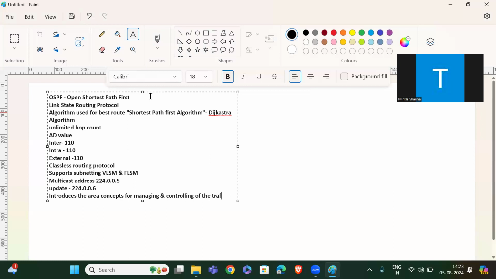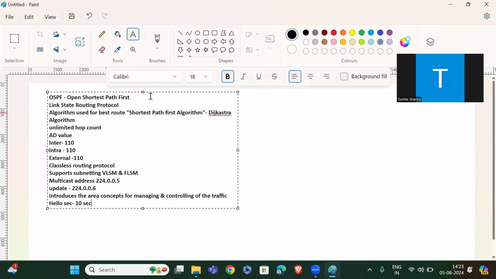Okay, then the hello timer here is 10 seconds, whereas in EIGRP it is how many seconds? Tell me. What is the timing of hello message in EIGRP? 5 seconds, right? Here 10 seconds.